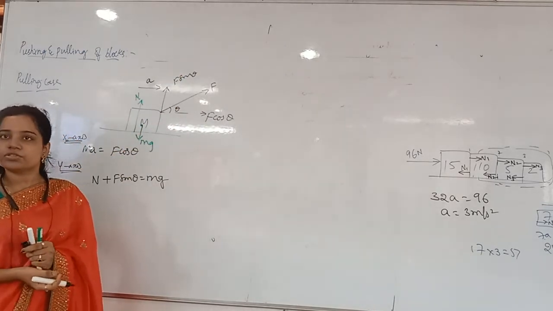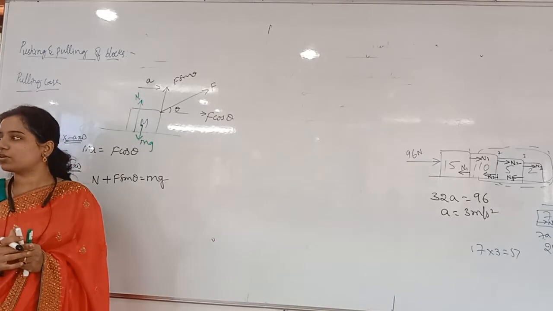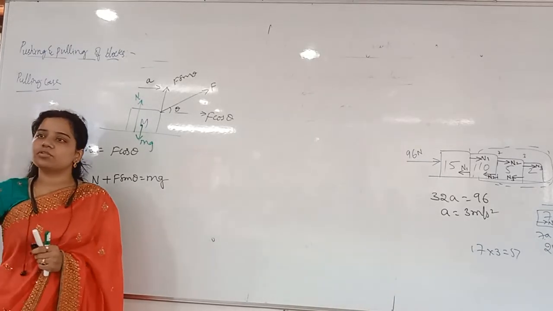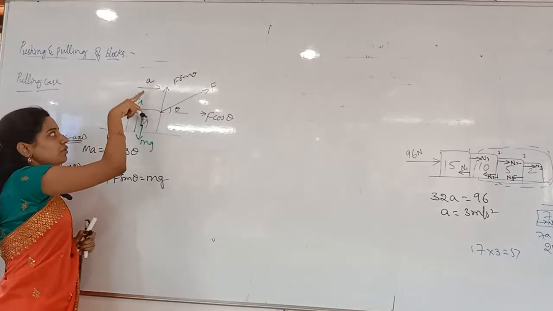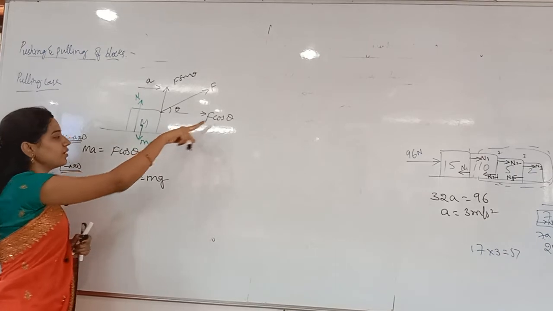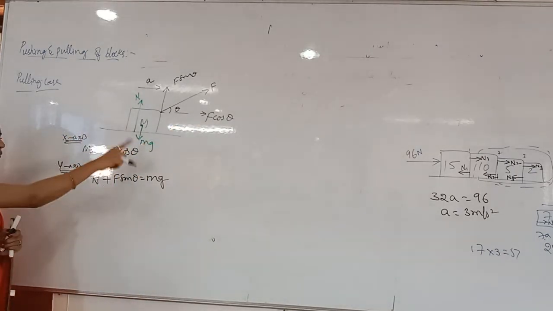Everybody knows this. Now I want to find the acceleration of the block. The block is moving in which direction? Only in the horizontal direction. So ma is equal to, who is supporting the acceleration here? F cos theta, which is positive. Then ma is equal to F cos theta.